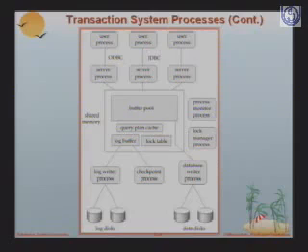Now look at this diagram. This diagram shows the set of processes of the transaction server design, and basically how these processes interact with each other. You can see this is a buffer, this is shared memory, and there is a log writer process attached to it, which writes into the disk. There are the checkpoint process, the database writer process, the lock manager process, and the server process.